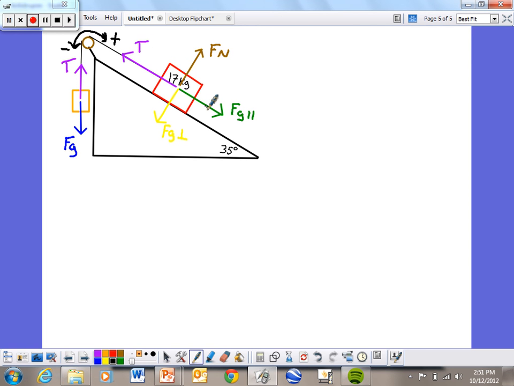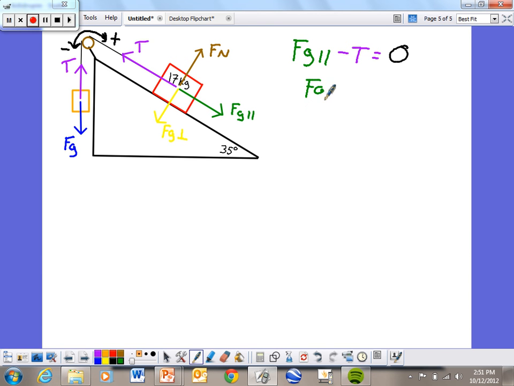So I'm going to look at my left and right direction. My components are done. Gravity parallel and perpendicular are already taken care of. So I can just add up my forces going in the left and right direction. Force of gravity parallel would make this system go in a clockwise direction, so that's positive. And tension is going in the opposite direction, so that's going to be my negative force. I'm out of forces that go in the left and right direction on that ramp, so that equals 0.